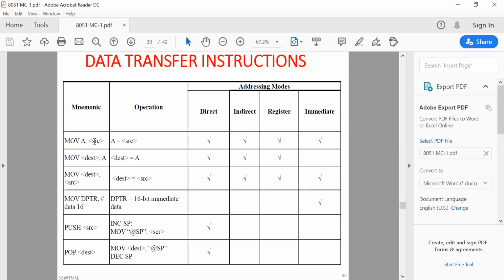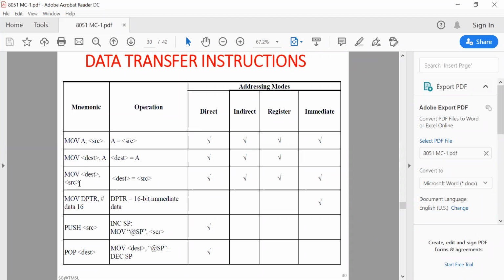That is one type of data transfer instruction. Another is MOV A, src, where src means the source. So from any source register to the accumulator, or from the accumulator to any destination register. It may be B, maybe another register, R0, R1, so any register.